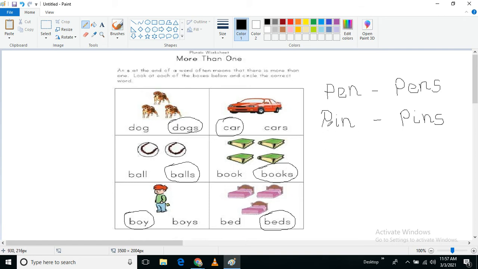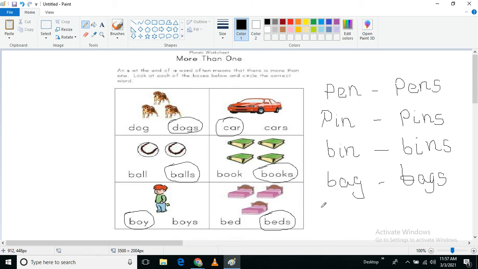And now bin, bins. Right? Bag, now bags.